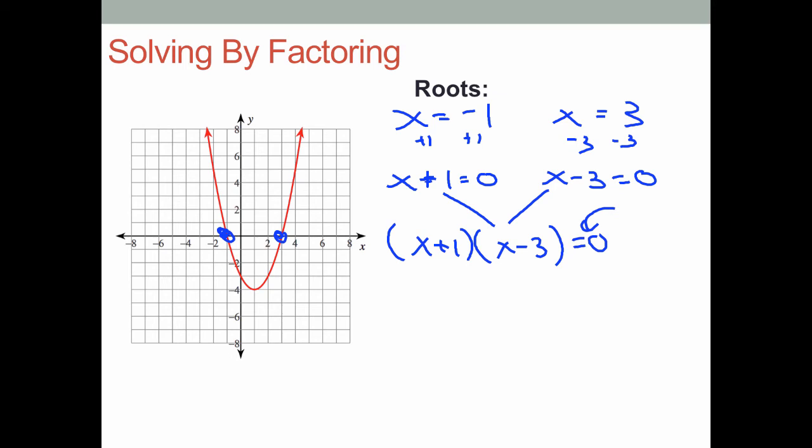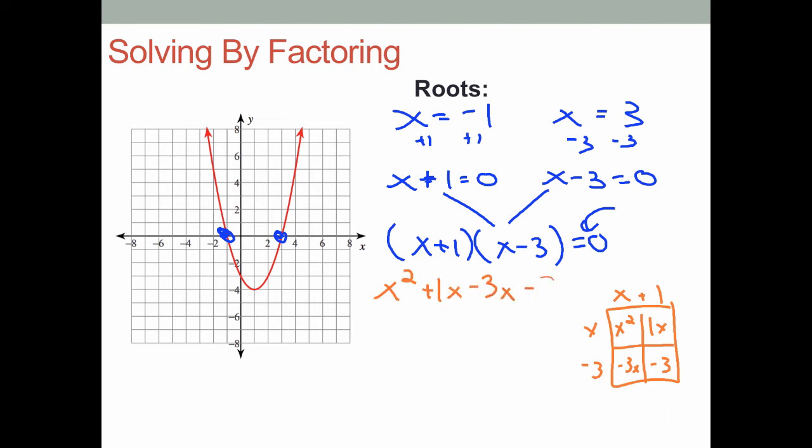Now, I would distribute or use the box method, you know, the x plus 1 and the x minus 3. This is distributing, so I get x squared plus 1x minus 3x minus 3.